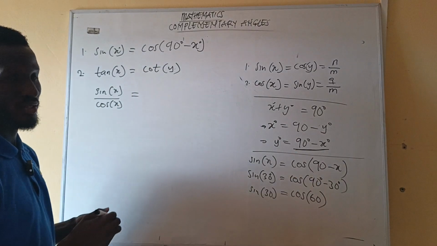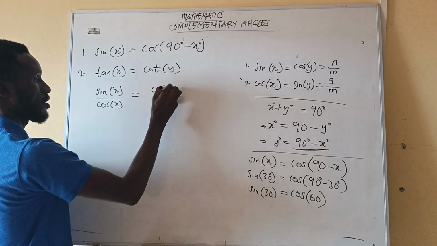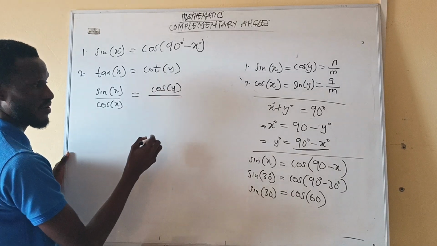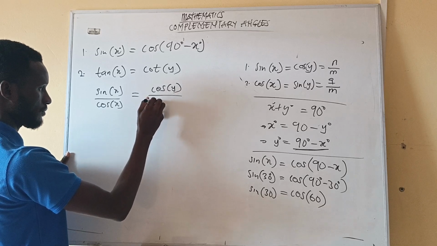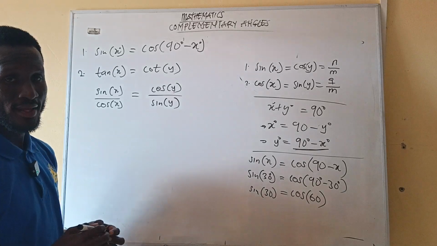Now, let's come to the cot. Cot is the same as what? This one is in terms of y. So, it's going to give us what? Cos y over sine y.